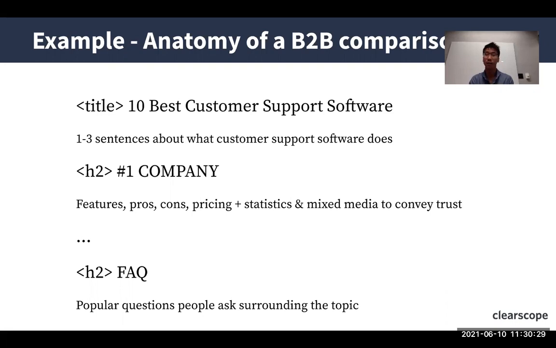So you might have, you know, #1 company for customer support software for brick and mortar stores, something like that. And then at the very bottom, people usually put in an FAQ. It's like, oh, what you need to know about customer support and, you know, pricing models and contracts and that kind of stuff.